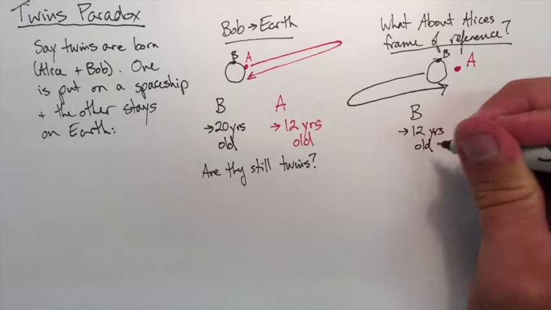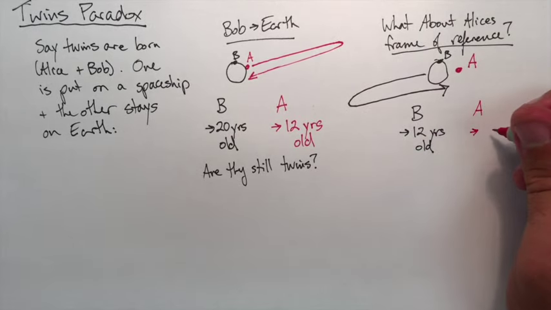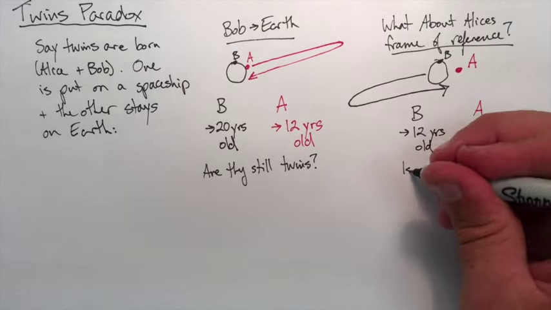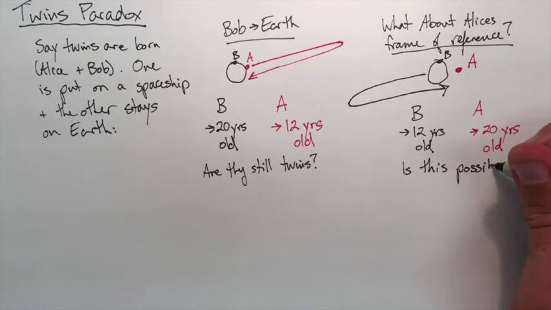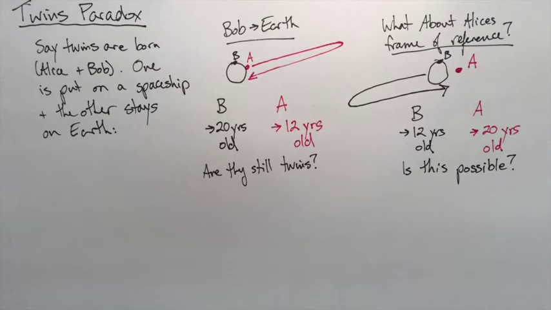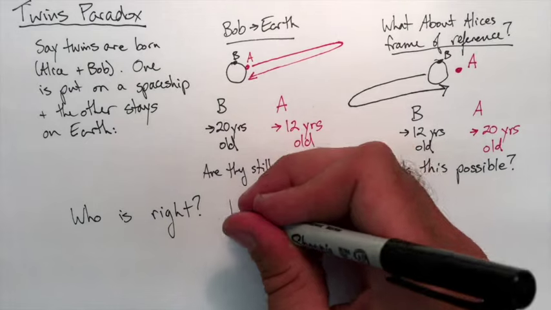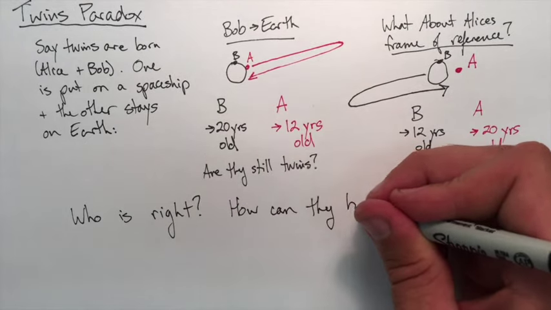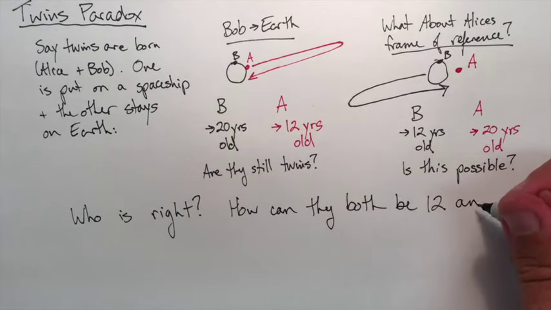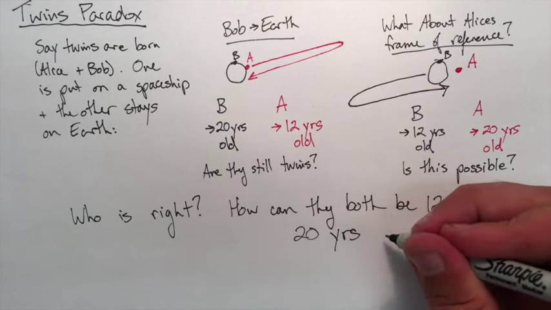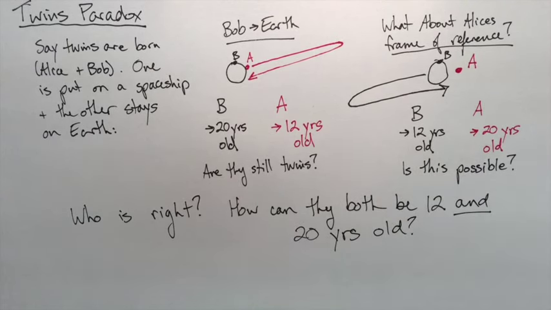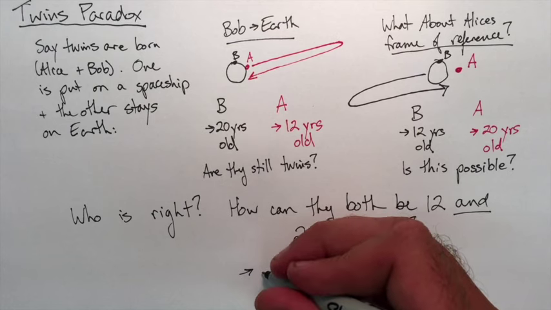So she might think that Bob is 12 years old. Well, she had to wait 20 years, and she might be 20 years old. Is this possible? The reason this is a paradox is because we can ask the question, who's right? Who's 12 and who's 20? Can they both be 12 and 20 years old? This is a neat problem, and this is something that we will examine in class.